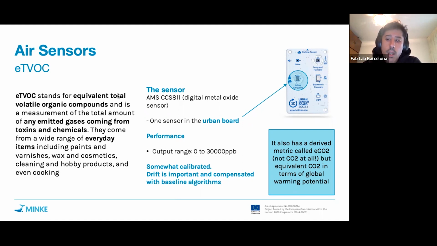So the term ECO2, just to be very clear, is not CO2 at all, but is a derived metric calculated from the other readings, so volatile organic compounds in this case, and that is equivalent in terms of how much those toxins and those chemicals warm up the planet, as if we calculated that in CO2 equivalent.